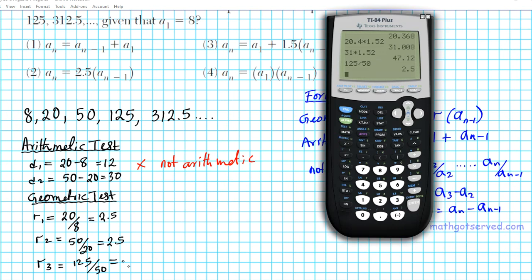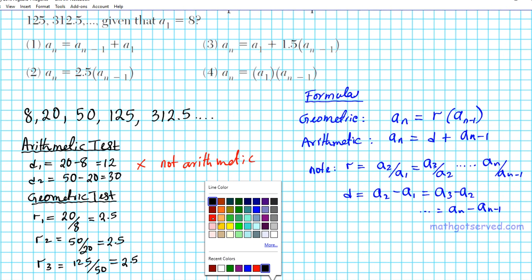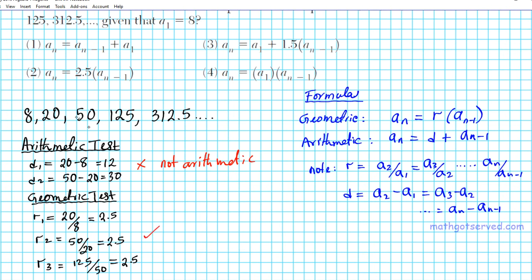So what does this tell us? It tells us that this sequence is geometric because we're multiplying by the same constant every time. Multiply by 2.5 and multiply by 2.5. So when you multiply by the same number every single time, your sequence is geometric.